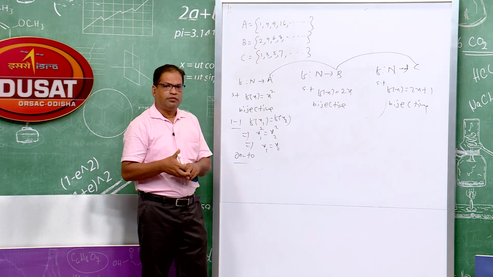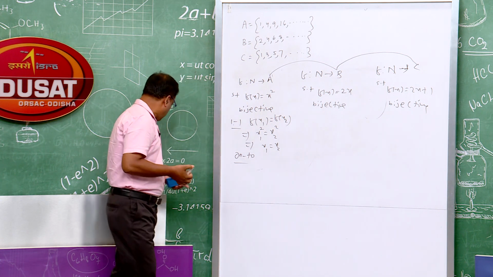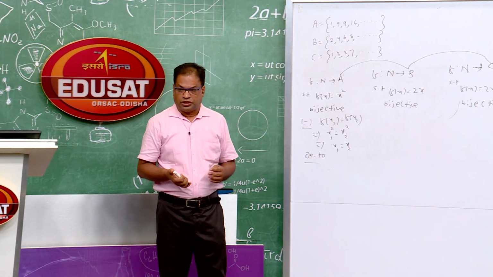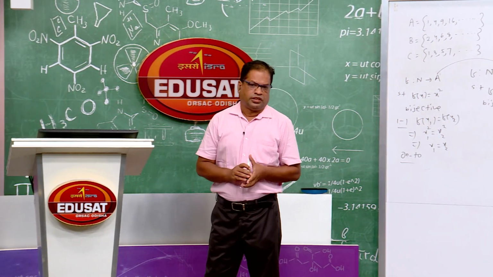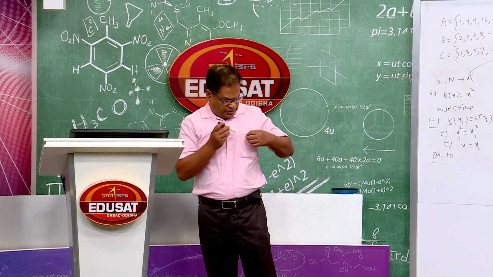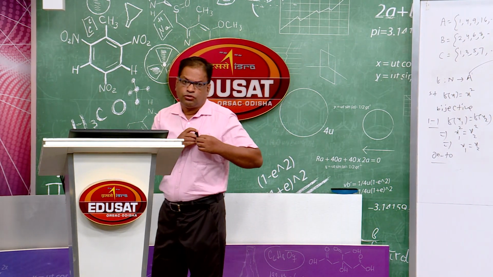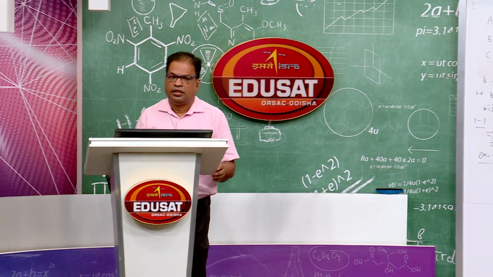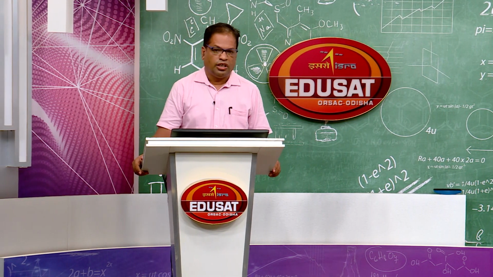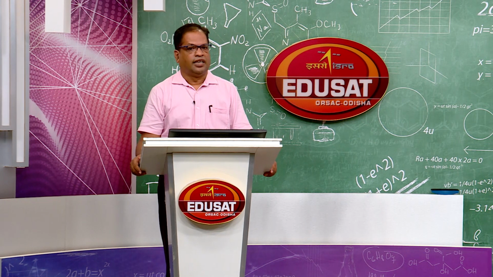So, what we have discussed is actually specially for infinite sets. You see, there are two possibilities: two sets may be finite. In case of finite sets, there is no need for searching for a bijective function; we can only find the cardinality.